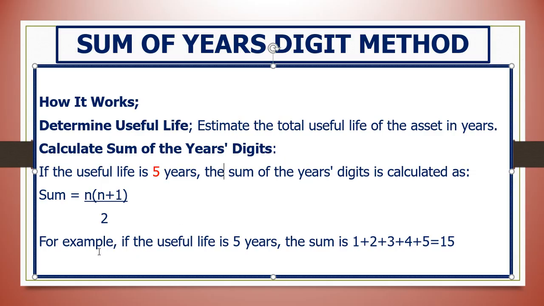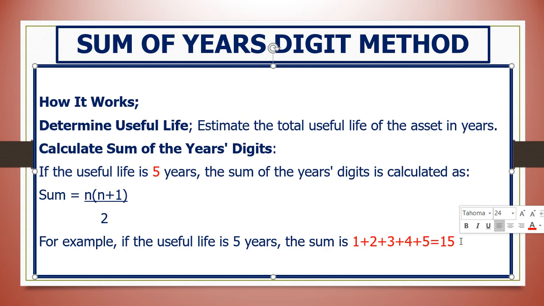But also you can add up. We get year 1 plus year 2 plus year 3 plus year 4 plus year 5. Automatically you'll get 15. So you can choose to either use the formula here or you add up the years here. I think that one is clear.